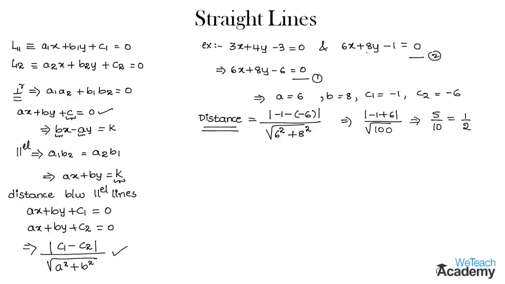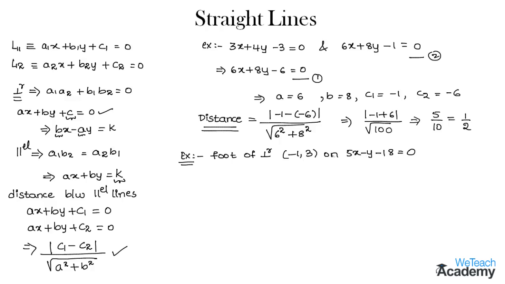And now let us proceed and discuss one more example. So here we need to find the foot of the perpendicular from the point minus 1, 3 on the straight line 5x minus y minus 18 equal to 0.